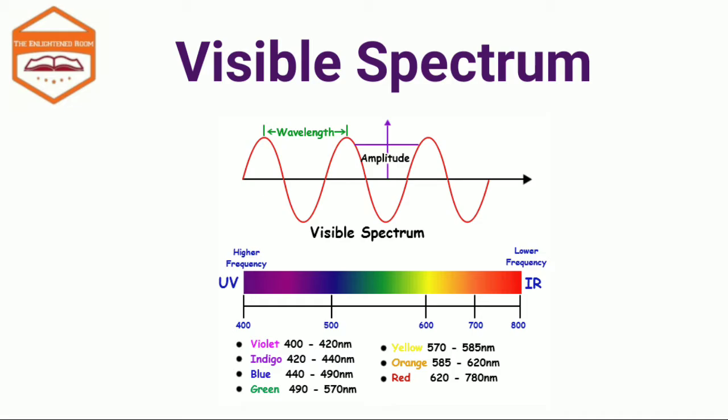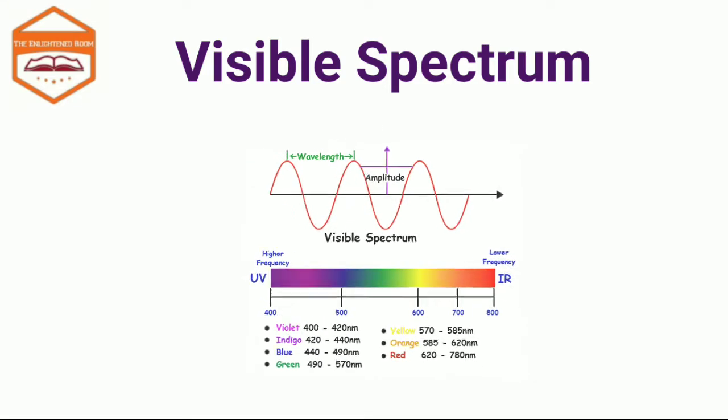Since the frequency of violet color is maximum and the frequency of red color is minimum, it could be said that the wavelength of violet color is minimum and the wavelength of red color is maximum.